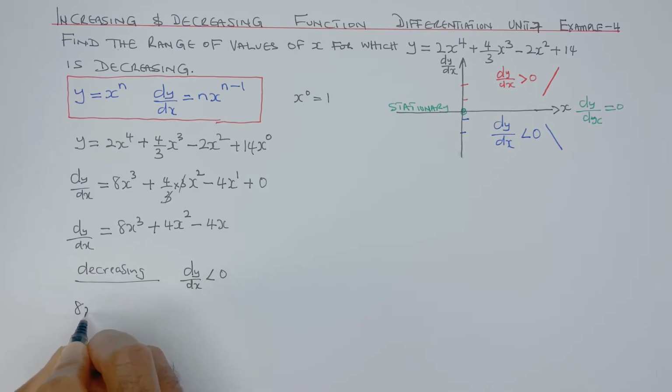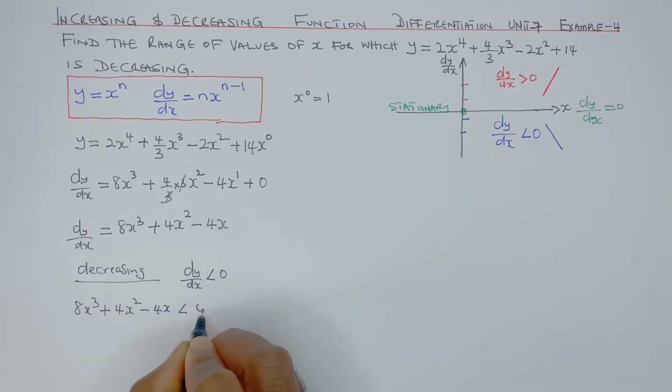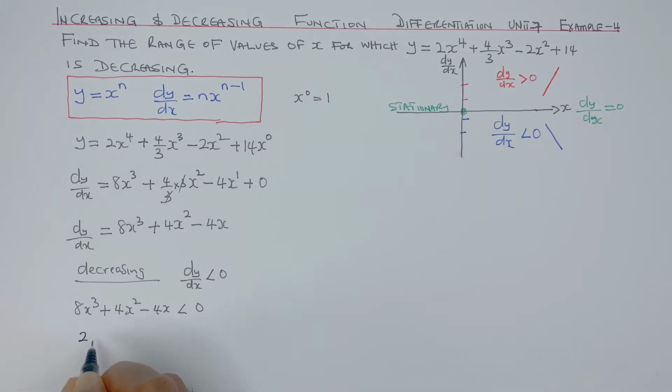Therefore, 8x cubed plus 4x squared minus 4x is less than 0. We can divide both sides by 4. We get 2x cubed plus x squared minus x is less than 0.